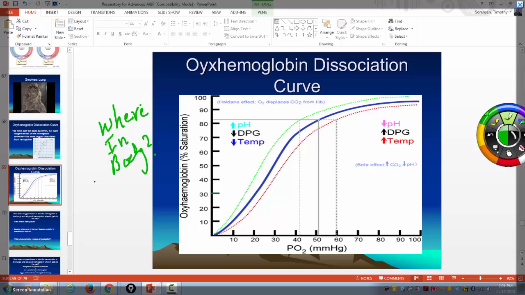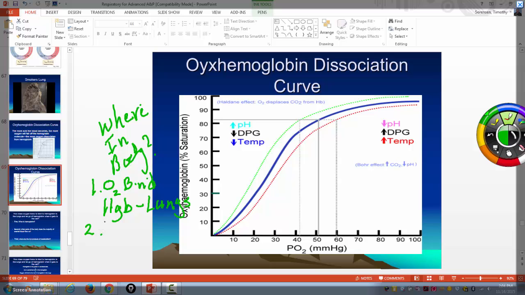Well, it should be pretty self-explanatory. Number one, you want the oxygen to bind to the hemoglobin that contains the iron in the lungs, right? And then where do you want it to let go?